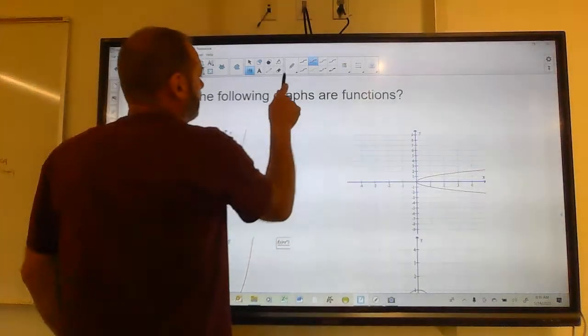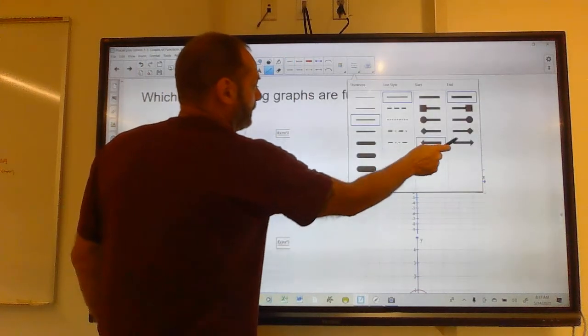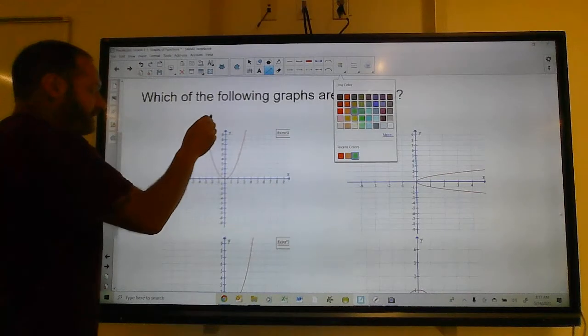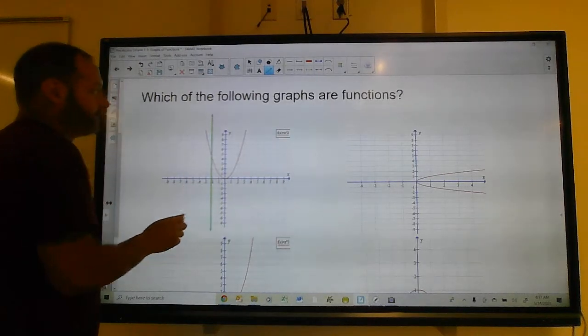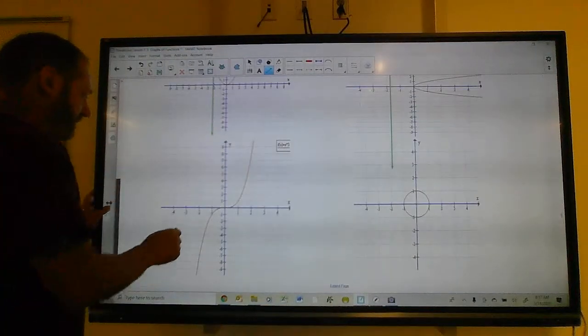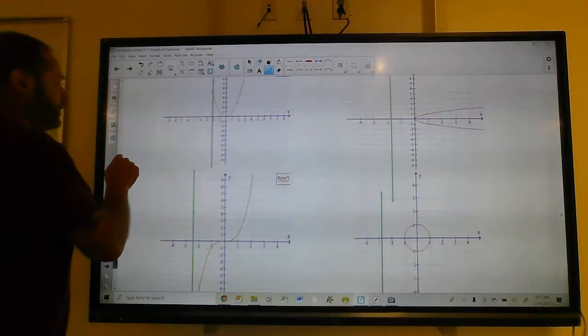All right, so what I need is a vertical line. Let's make it a nice bright color like this. So if I have a vertical line right here on each one of these graphs. Okay.